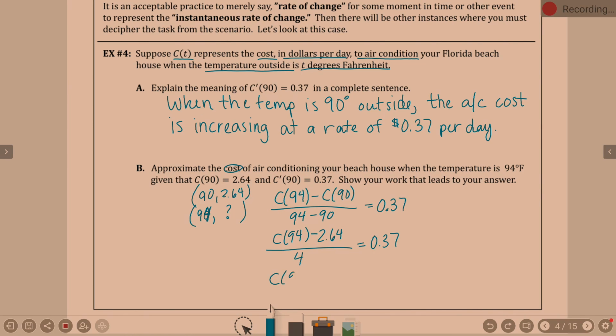If I multiply the 4 over, C of 94 minus 2.64 is going to be equal to 1.48. And so then if you add the 2.64 over, 1.48 plus 2.64 is 4.12, and that would be per day.